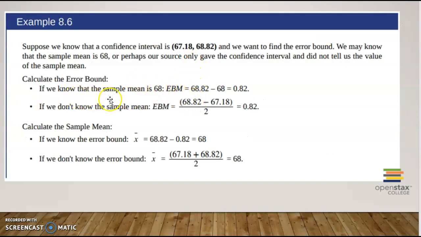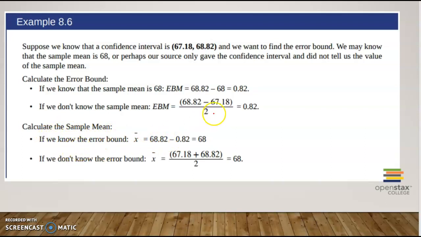If you know the sample mean is 68, then you can just subtract it and that'll give you your error bound of 0.82. If you don't know it's 68, then you subtract your lower value from your upper value, 68.82 minus that, divide by 2, and that'll give you your error bound. Okay?